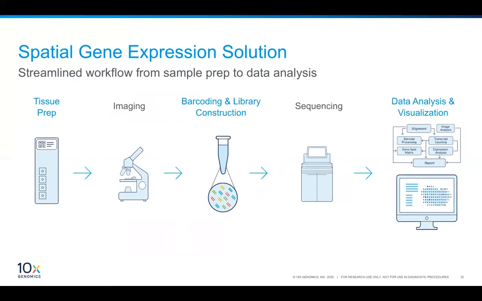After that, the tissue is permeabilized and the RNA diffuses out from the tissue and binds to the capture probes on the surface of the slide, and then cDNA synthesis is performed. The library is sequenced using a short-read sequencer. During data analysis, spatially barcoded cDNAs are mapped to the H&E stain image using the unique spatial barcode sequences.